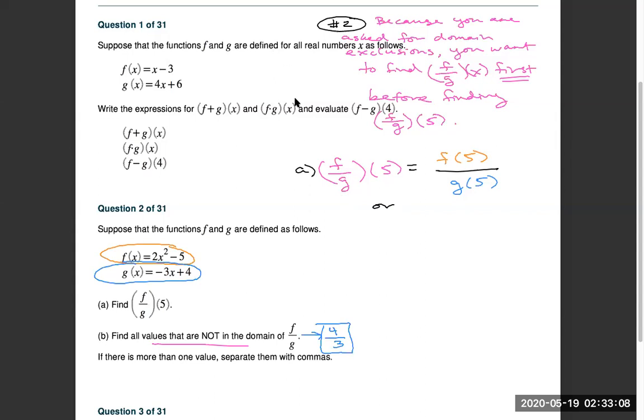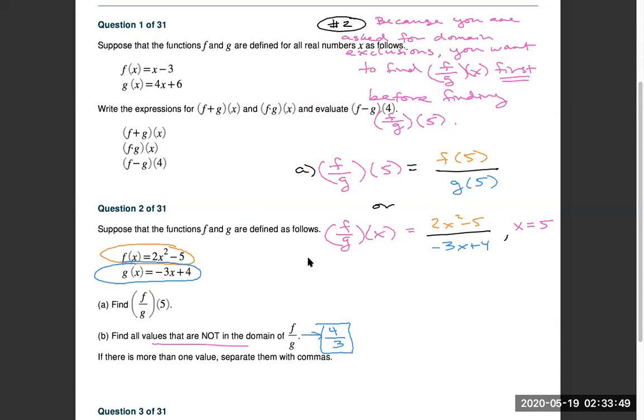Or since you already saw what f divided by g of x was, that would be 2x squared minus 5 divided by negative 3x plus 4. You just plug in x is 5. It's really doing the same thing, honestly. Just depends on how much time it takes you, depending on the way you think about it.